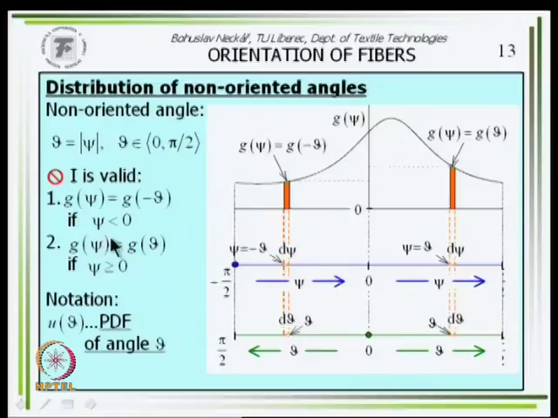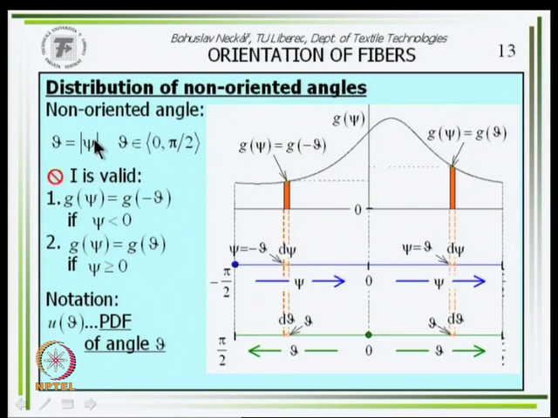But sometimes I want to know the distribution of angles between the fiber and our y-axis, independent of whether it is on the right hand side or on your left hand side. So I need to understand the probability density function of an angle theta, which is the absolute value of our angle psi.